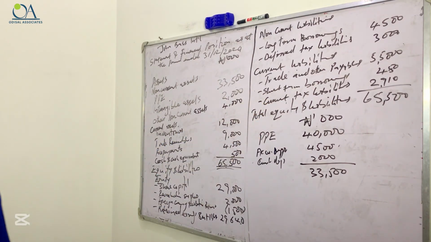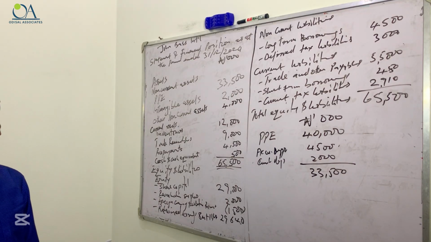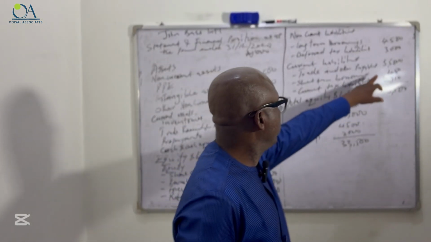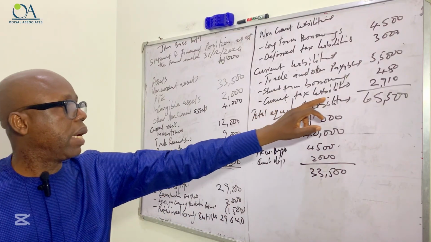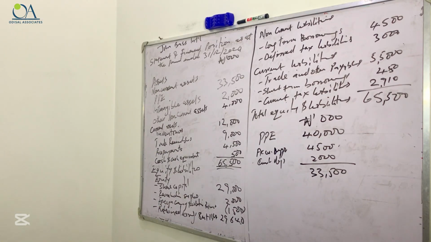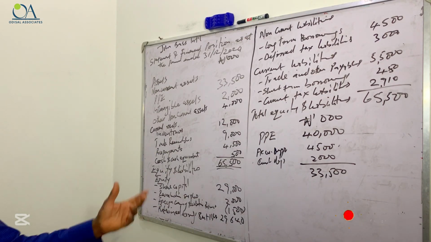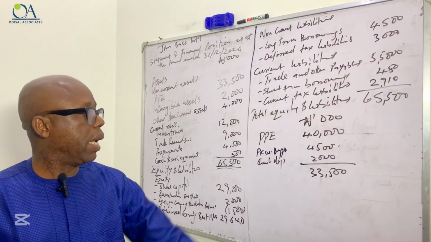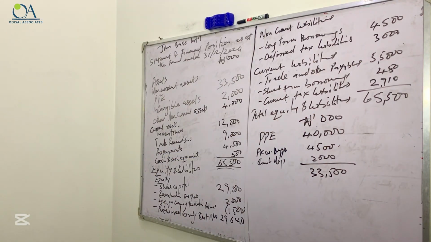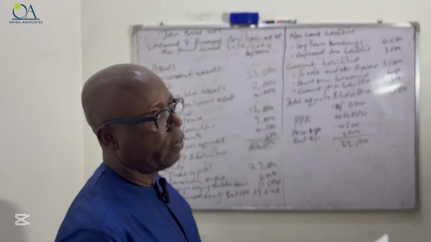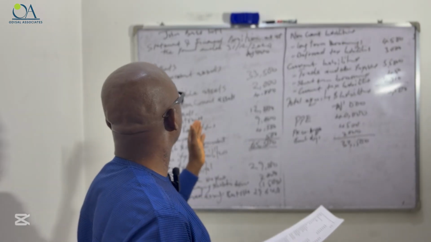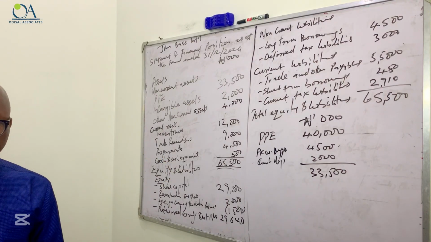Short-term borrowings. We are looking at the unpaid finance cost since we have not paid it. So that's the one we brought here. And then current tax liabilities, 2.910 million. Total equity and liabilities, 65,500,000, as we got before. So this is the statement of financial position.